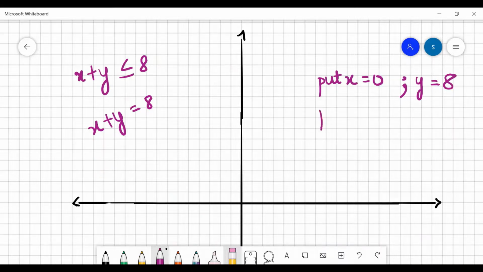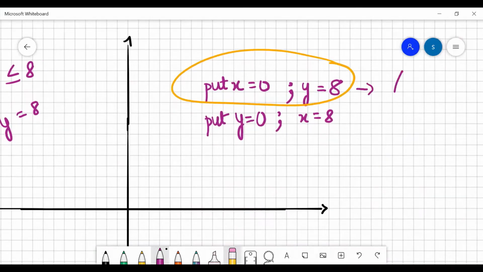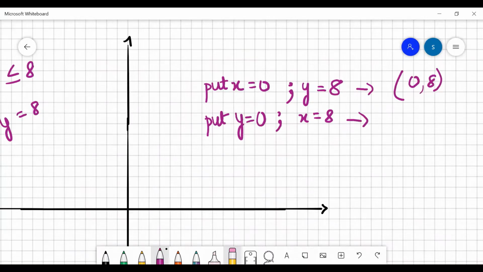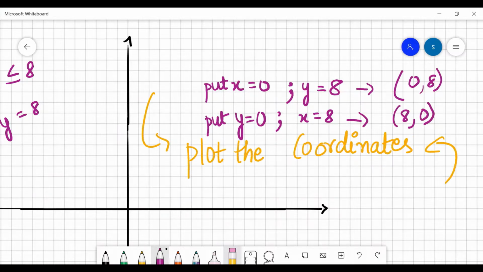Now the next time, just put y equal to 0. When you put y equal to 0, you get x equal to 8. So from the first step, you get the coordinates x comma y as 0 comma 8. From the second step, you get the coordinates x comma y as 8 comma 0. So just plot these coordinates on the graph.